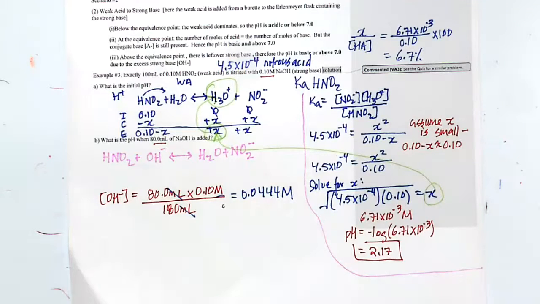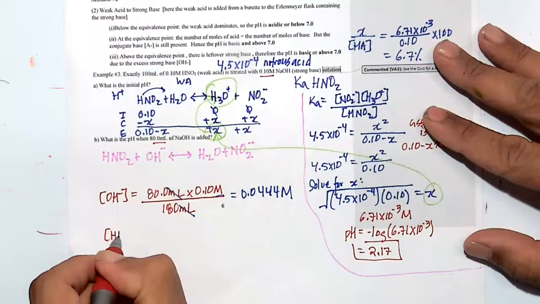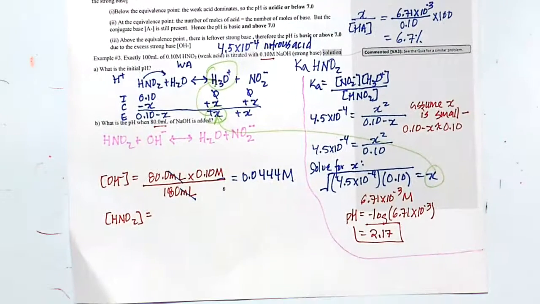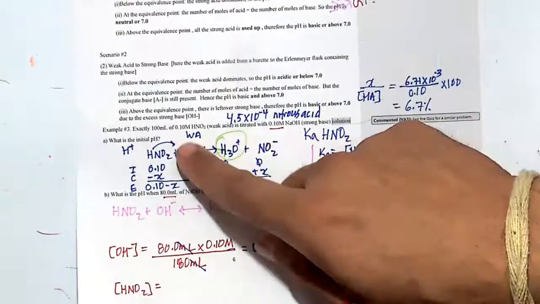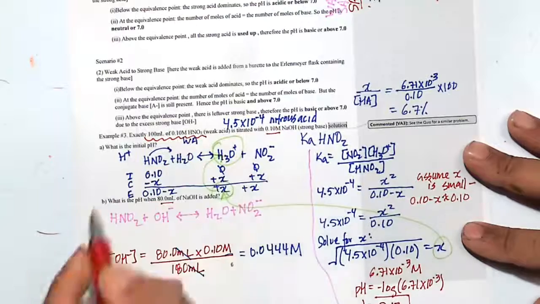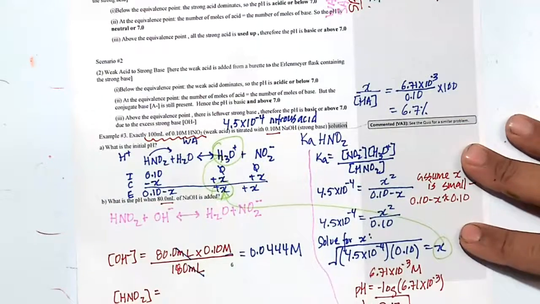Let's do the same thing for our concentration of HNO2. This is a weak acid. So here we have 100 milliliters of 0.10 molar HNO2.